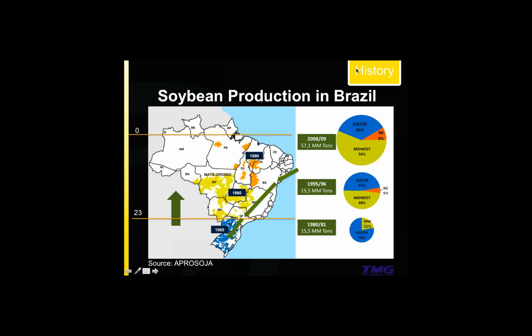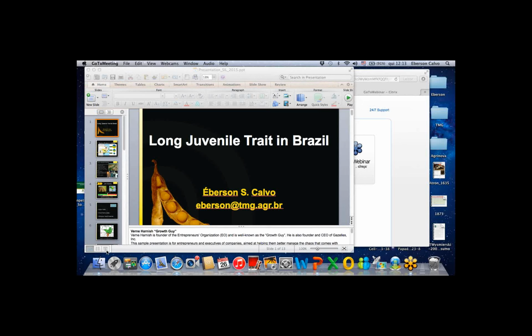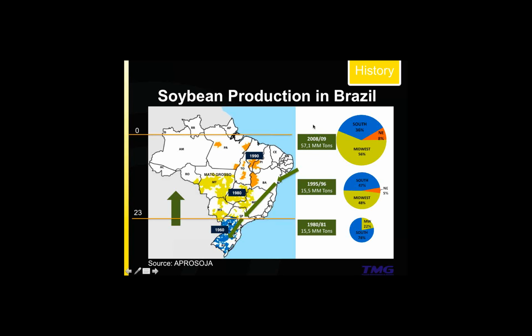As you know, Brazil is one of the leading countries in soybean production, and when soybeans arrived here, they arrived actually in the northeastern part of Brazil, but without success, probably because of the absence of the long juvenile trait.